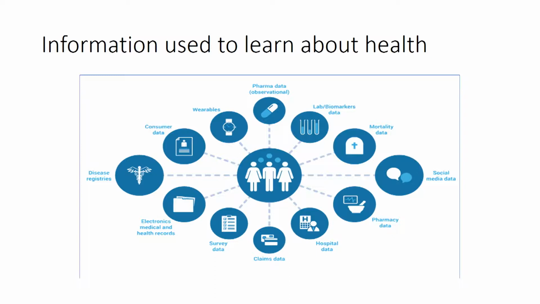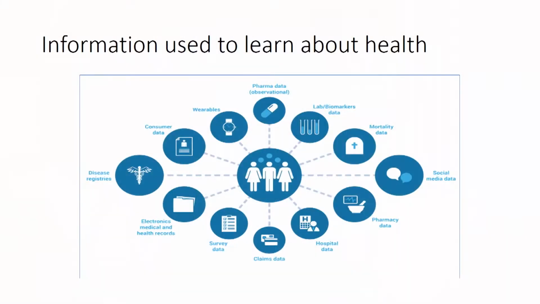We're mostly going to be talking a lot about health information, and health information today means a lot more than what's in your electronic health record. It can be anything from your social media posts to things that you're wearing on your wrist or rings, survey data, claims data, pharmaceutical biomarkers, biospecimens. It can be the ones and zeros.